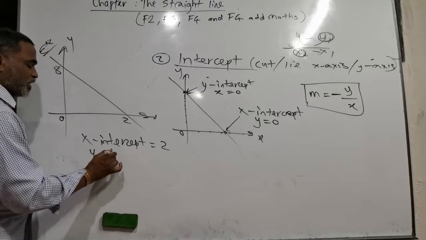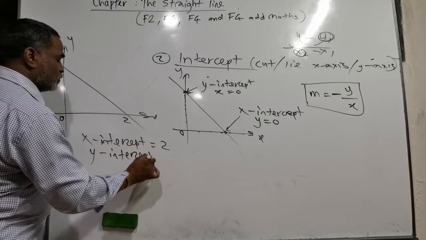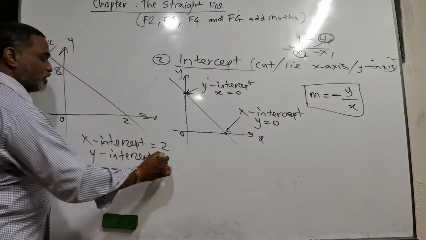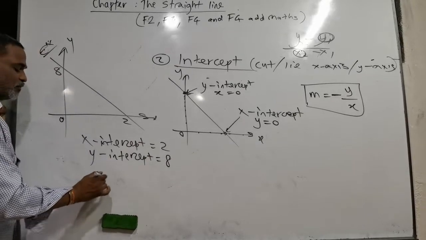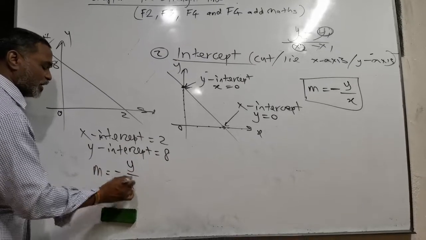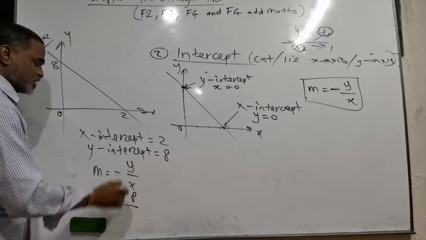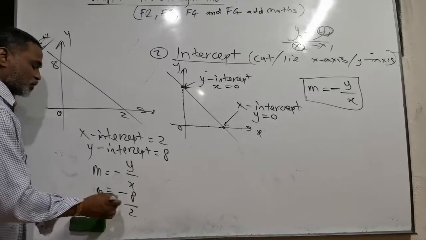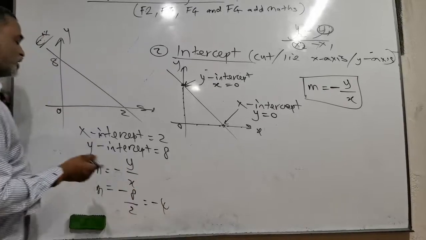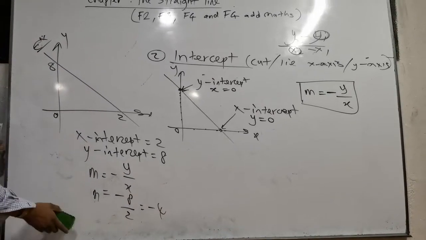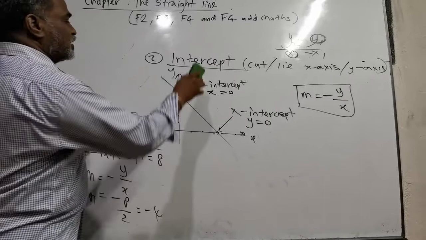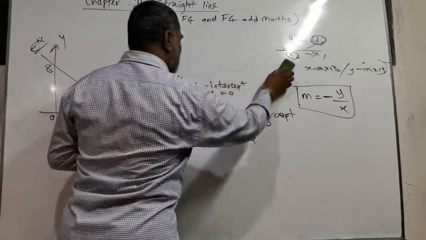And y-intercept means the line cuts the y-axis, so y will be 8. If they ask for the gradient, use the formula negative y over x. Here y is the y-intercept, which is 8, and x is the x-intercept, which is 2. So from there we know the gradient is -4. Okay, that's it for intercept. So please remember, intercept means cut the x-axis or y-axis.